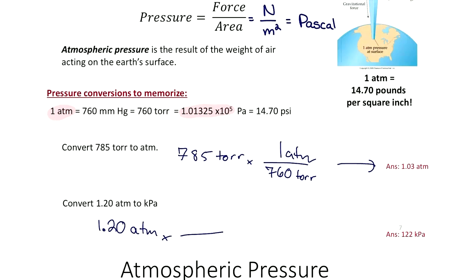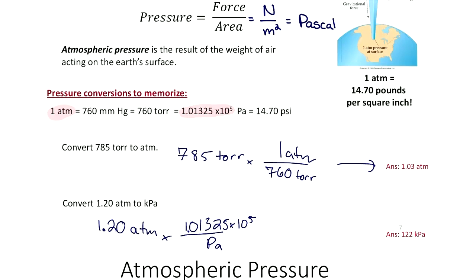Pascal is the SI unit for pressure. It's 1 Newton per meter squared. When we do this conversion, that big 101,325 number, is it going to go on the top or the bottom? On the top, very good. Okay, we do remember dimensional analysis, very good. It's been a good while.